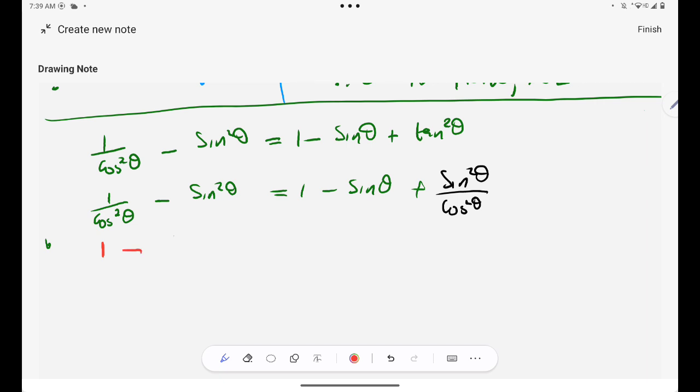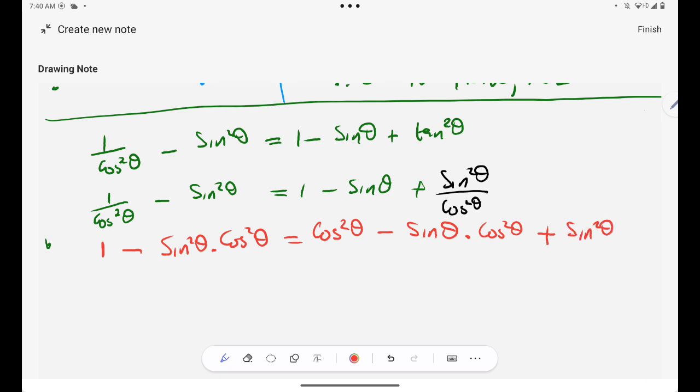And then here I'll simply get sine squared theta multiplied by cos squared theta, and then here I will get cos squared theta minus sine theta times cos squared theta plus sine squared theta.